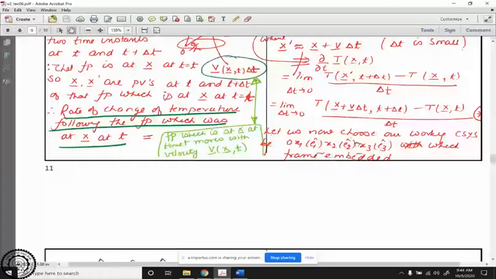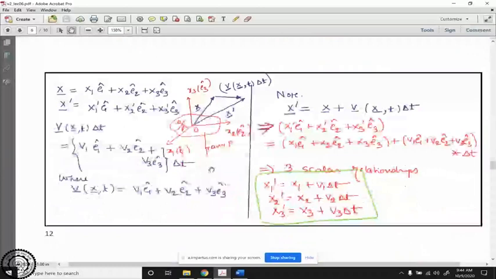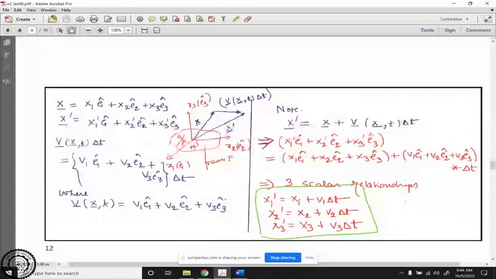And I choose my Cartesian coordinate system because it's the simplest and most of the times we use that. So I have this coordinate system O, X1, E1, X2, E2, and X3, E3. And the origin of the coordinate system I am keeping at the same point from where I was measuring position vectors, without any loss in generality. So O can be any point, as long as it is fixed in the frame, we are fine.